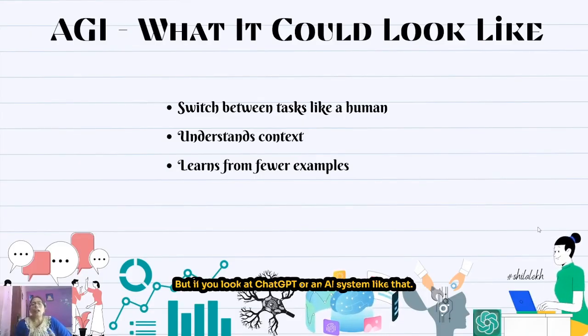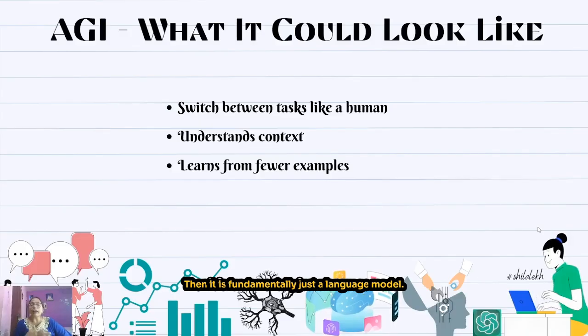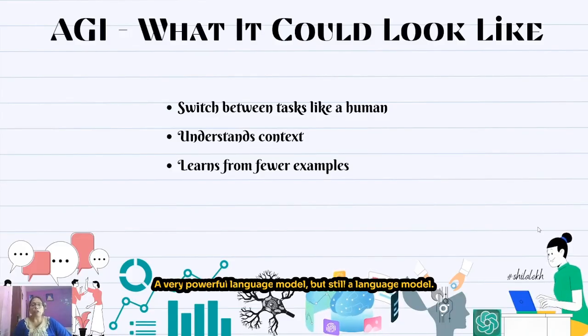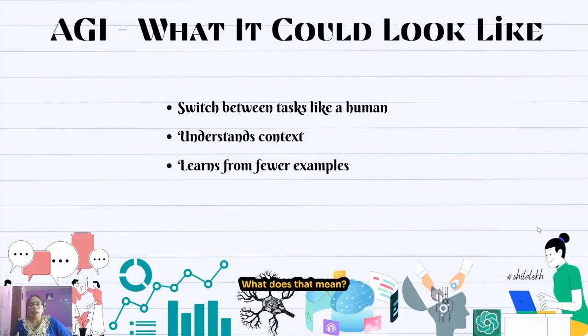But when you look at how ChatGPT actually works, then it is fundamentally just a language model, okay? A very powerful language model, but still a language model. What does that mean?